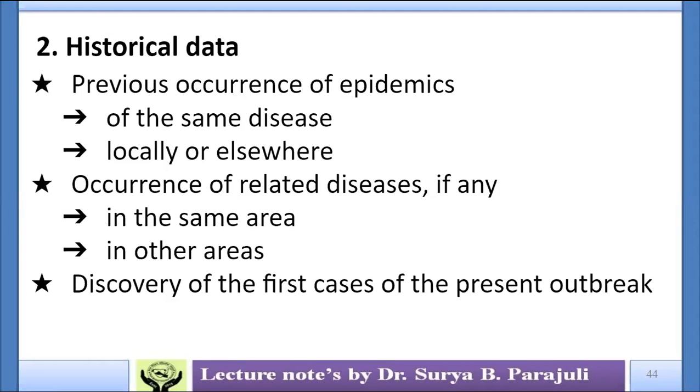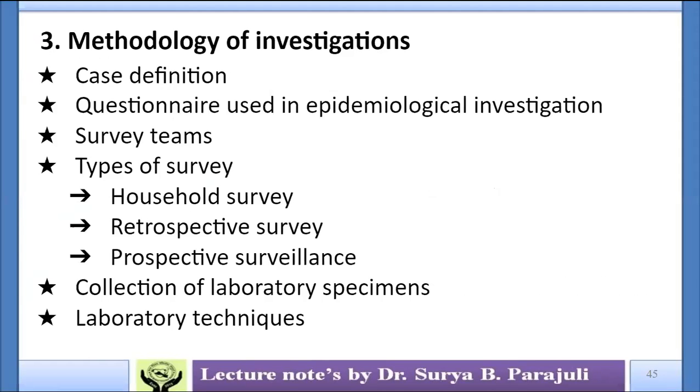In our city Viratnagar, in the nearby Jhapa district, or even in India, lots of cases of dengue, even chikungunya. And discovery of the first case of the present outbreak, that is called the primary case. So what is the difference between primary case and index case? This is homework for you. I'll ask in your Google Classroom. If I forget, please remind me.